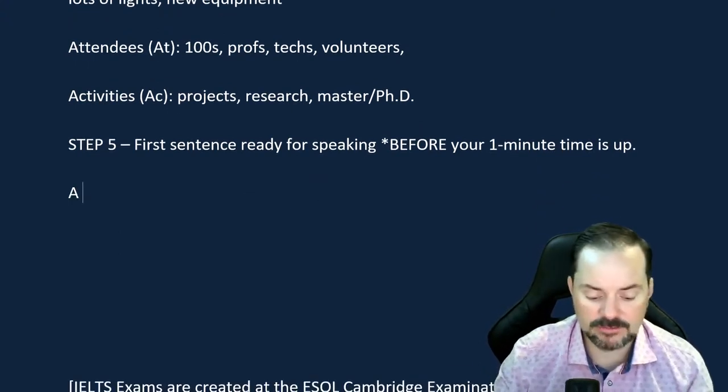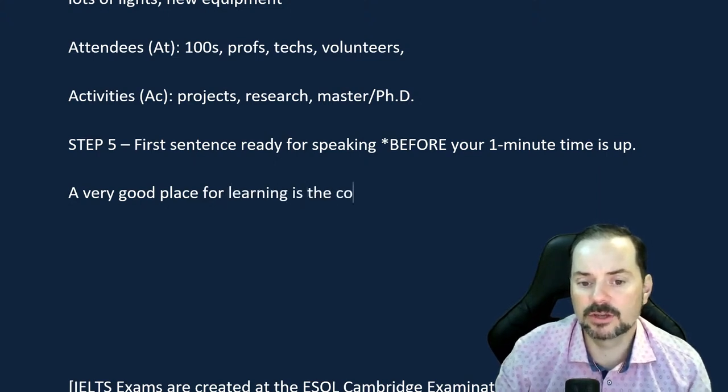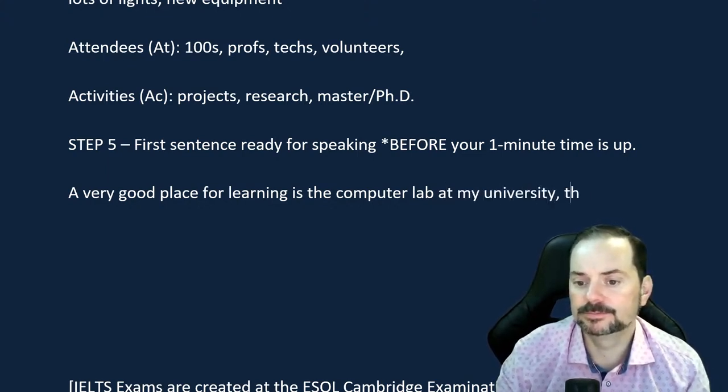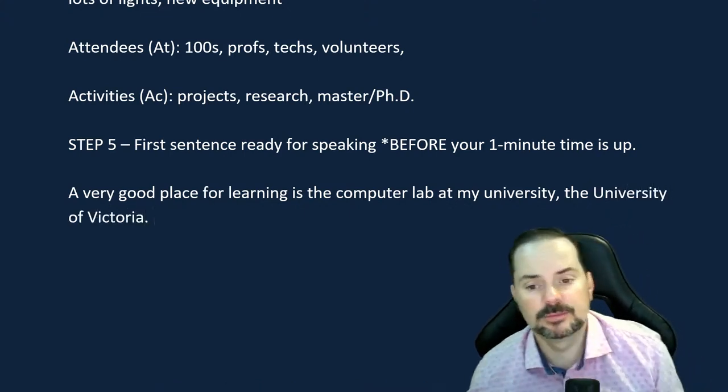So a very good place for learning is the computer lab at my university, the University of Victoria, or it could be your high school or other place as well.